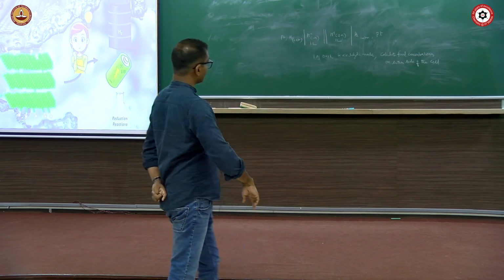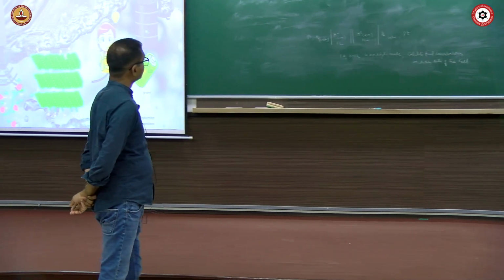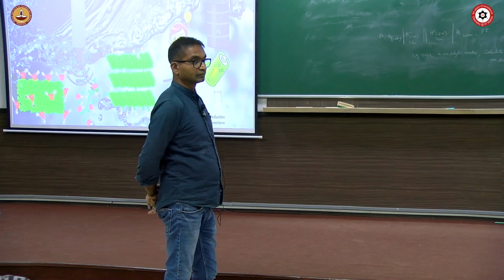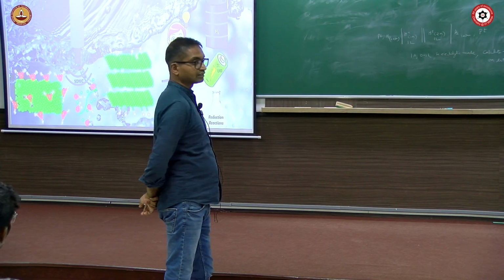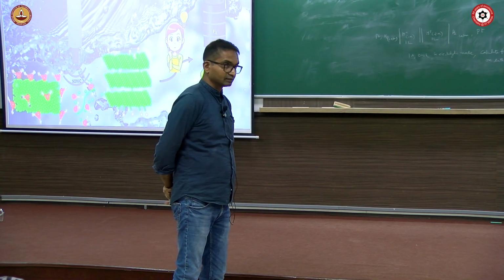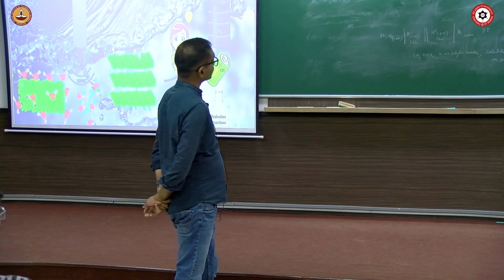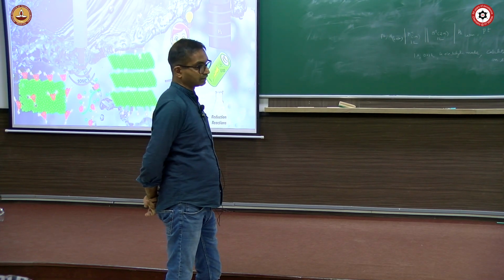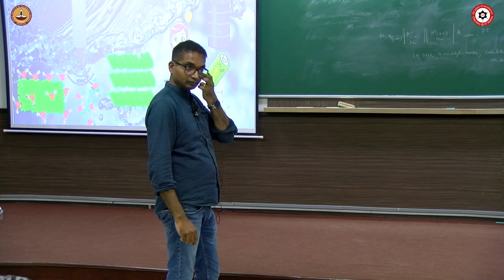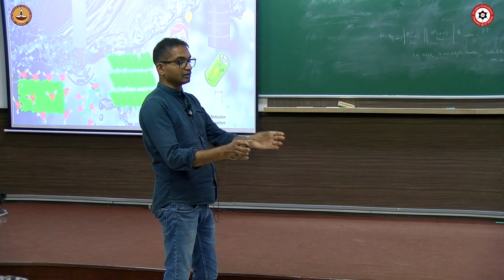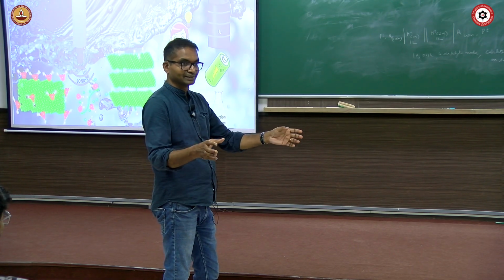Which side should disappear if in electrolytic mode? Left side should disappear, right side should appear. So the left side reaction will be reduction, correct? The right side reaction will now be oxidation. That is the electrolytic mode for this cell. Just because you change your beaker, the reactions will not change.